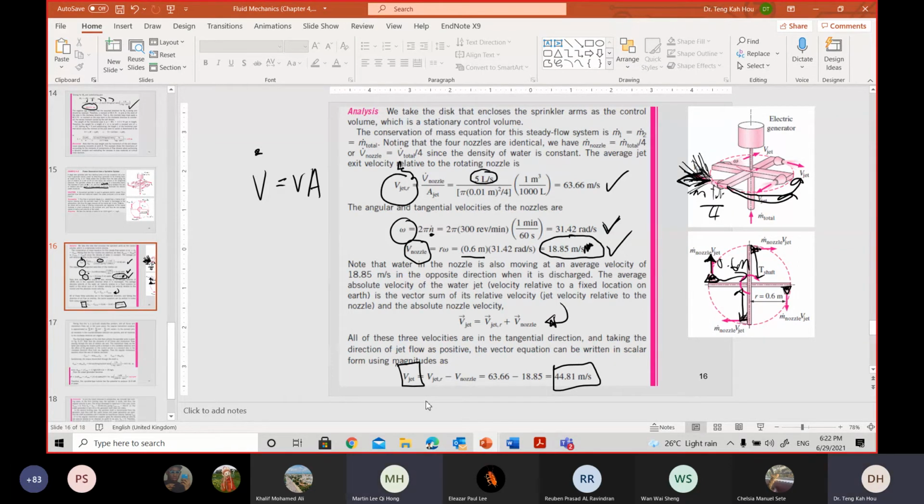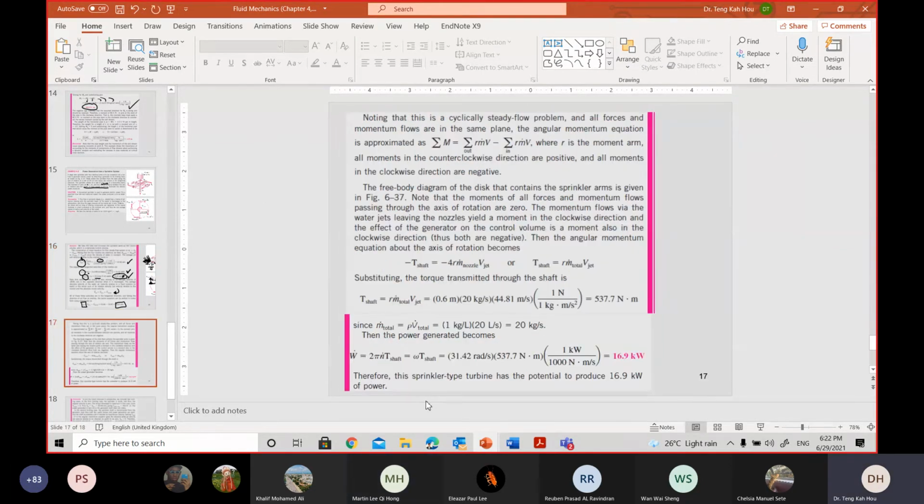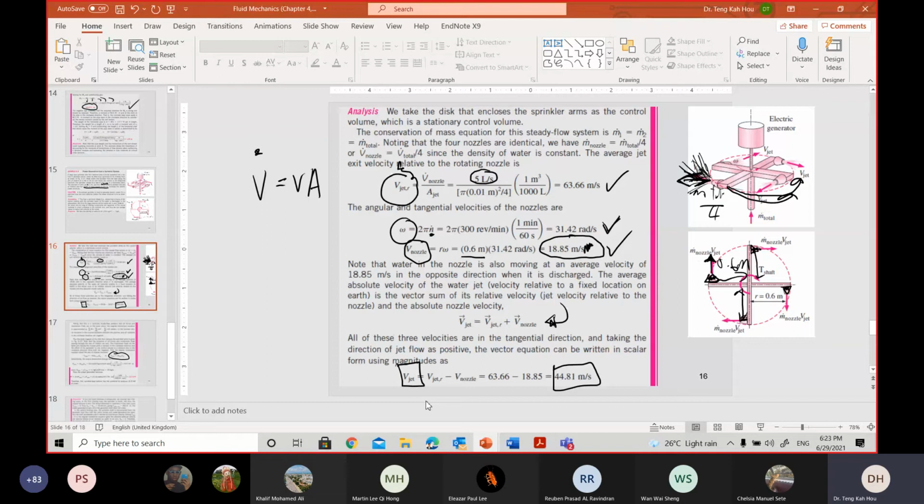Yes, can understand. Okay. So once you get that, the question is you need to know what your T shaft is, because you are going to contribute all this rotational for the T shaft, right? Even though there's a backward thing.